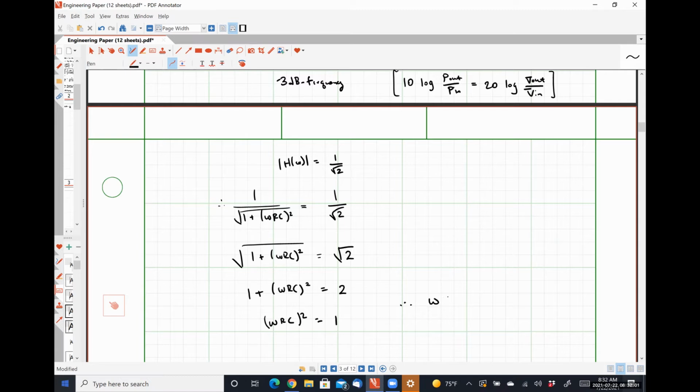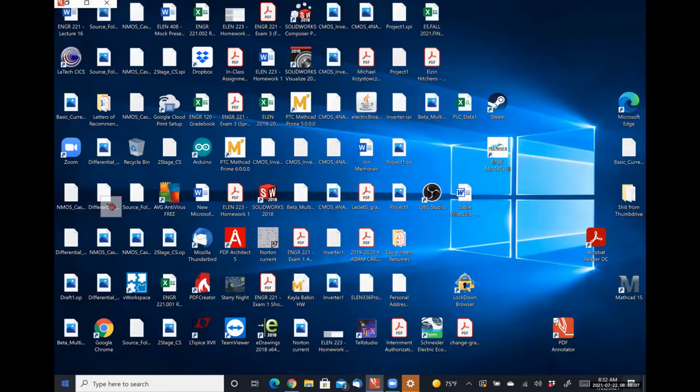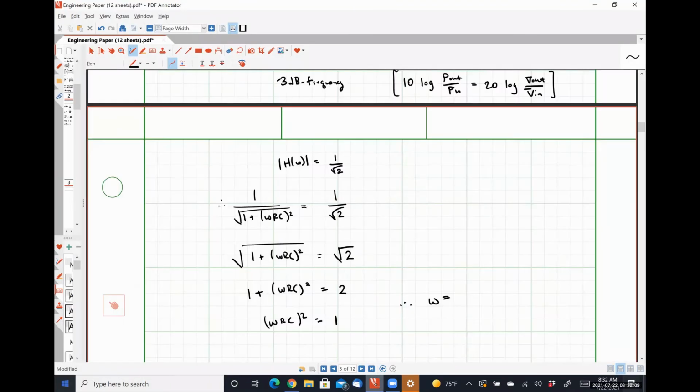From this, omega is just going to be 1 over RC, so that is our 3 decibel or half power frequency.